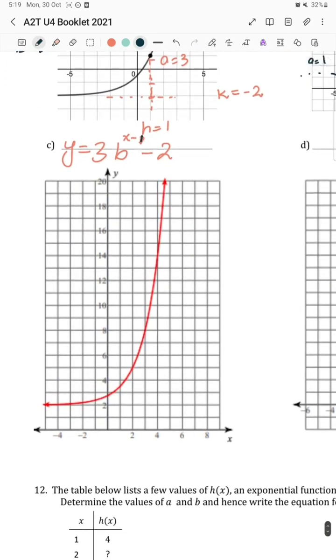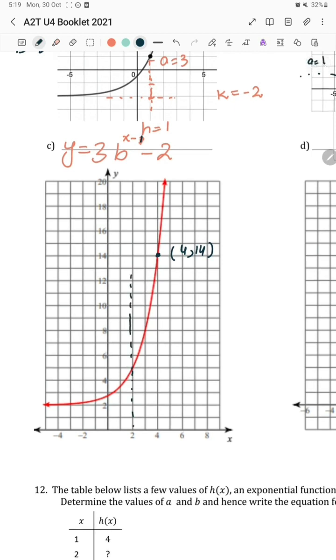Okay, so for this graph we have a point, let's say over here the point is 4, 14. Let's say another point over here... one, 2, 3. A is equal to 3, h is equal to 2, k is equal to 2.